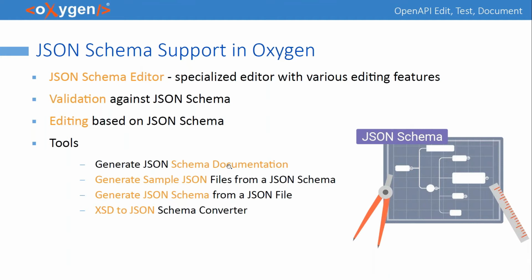You can generate also JSON schema from a JSON file. If you don't know how to create a schema for a file, you can use this and then customize it. You can even convert XSD to JSON schema. In case you have a service that uses XSD, then you can convert this to JSON schema and then use it in your OpenAPI.